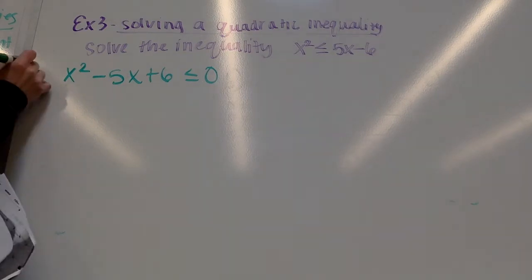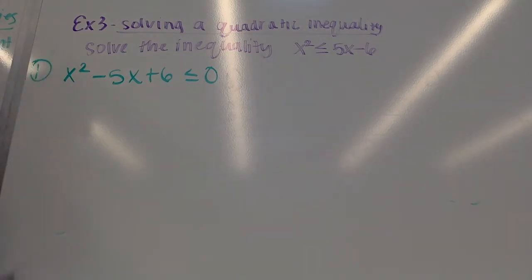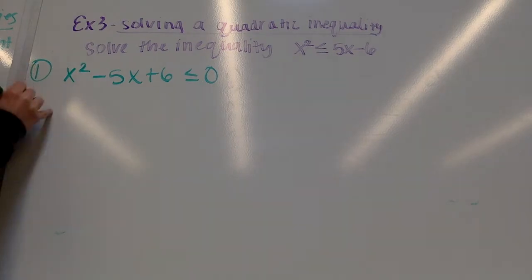And then that's step 1, okay, remember, and then if you go back and look at your steps that you just took notes on, step 2 is going to be to factor.